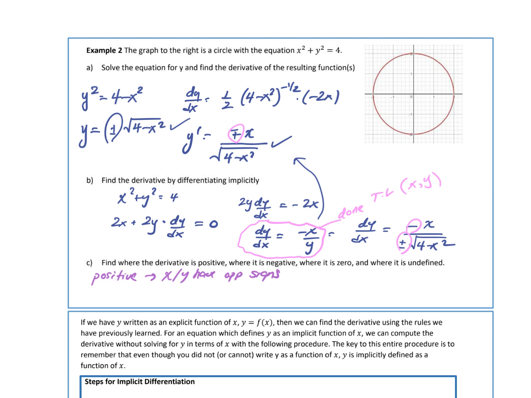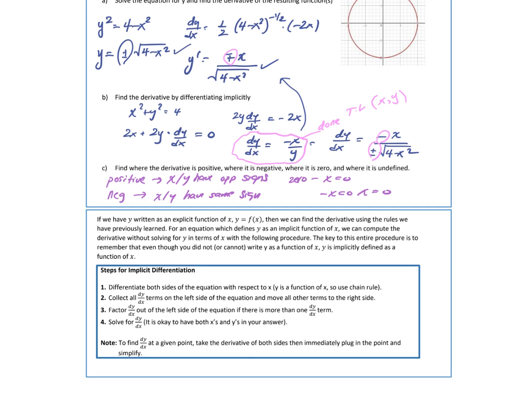So where the slope is positive, if I looked at this curve, would actually be here and here: the second and fourth quadrants, where x and y have opposite signs. Negative would be where x and y have the same sign, so if you look at the first and the third quadrant. And 0 would be when x equals 0. For a fraction to be 0, just the top needs to be 0. So if I set the top equal to 0, I would get x equals 0.